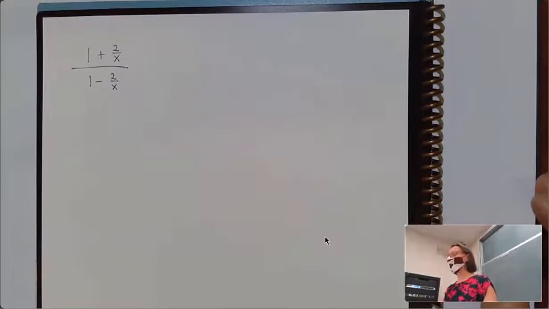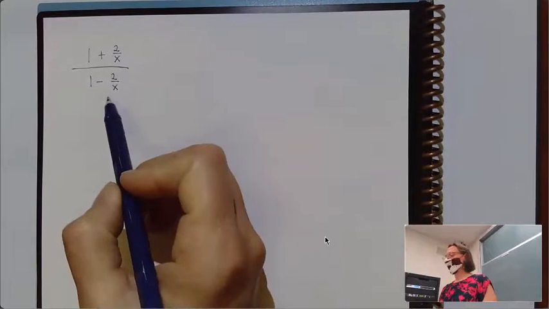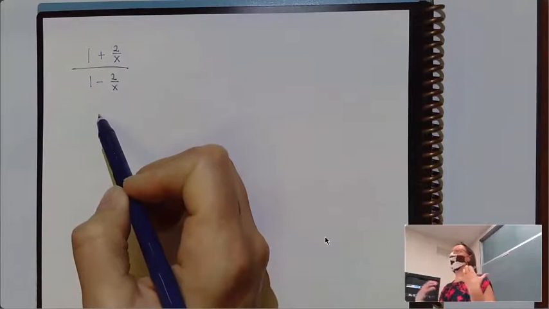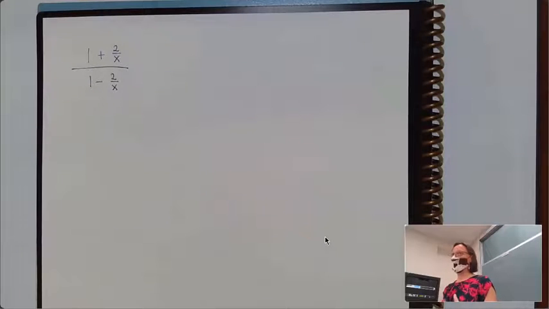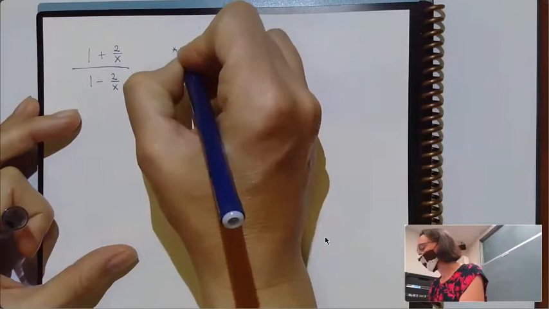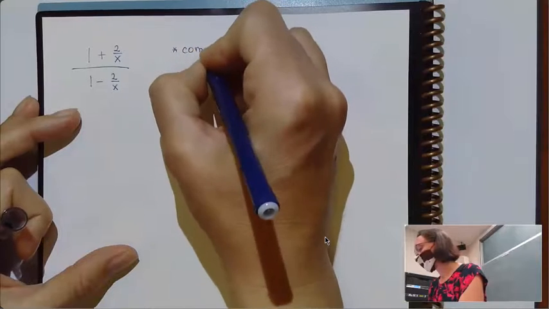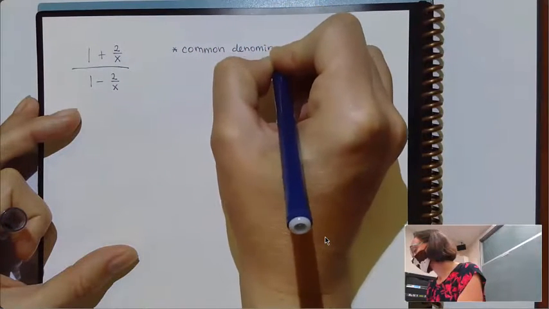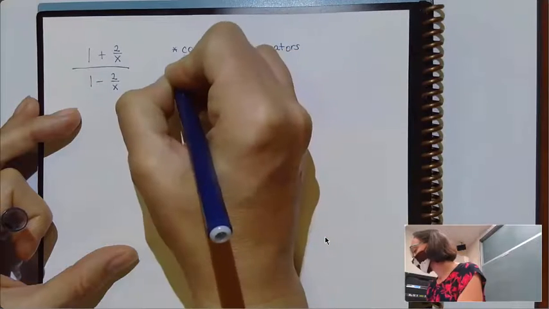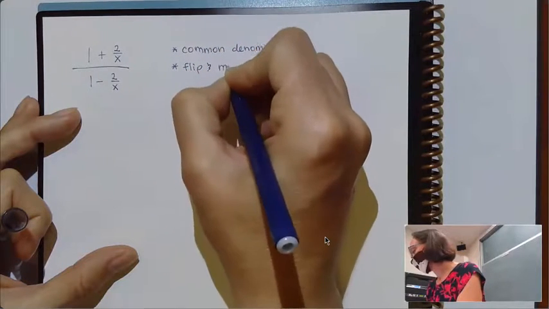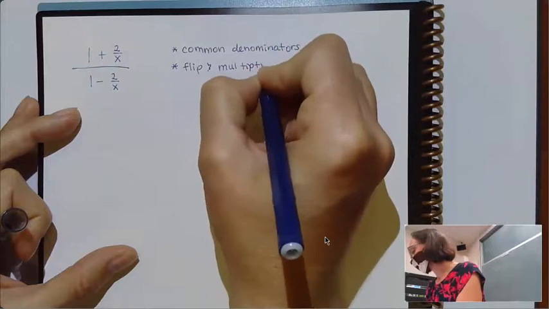The problem is, in order to do that, I need a single fraction on the bottom. And right now I don't have a single fraction. So for this one, we actually have to do this in 2 steps. We need common denominators. Then we can flip and multiply.